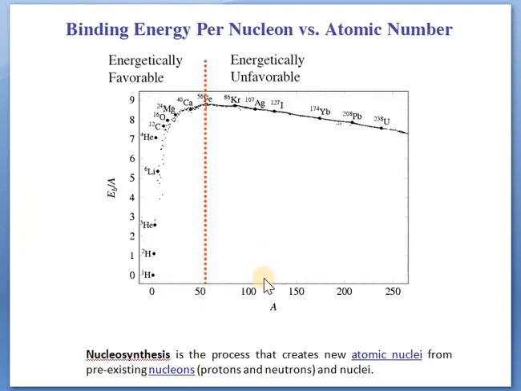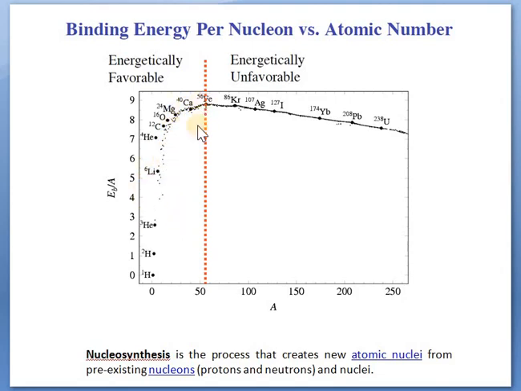So let me move to this very interesting binding energy per nucleon versus atomic number chart, which is a very important ingredient in nuclear physics. From this chart, what we observe is that if we do the fusion of two smaller nuclei, then the heavier element has more binding energy per nucleon, which means that more energy will be liberated.